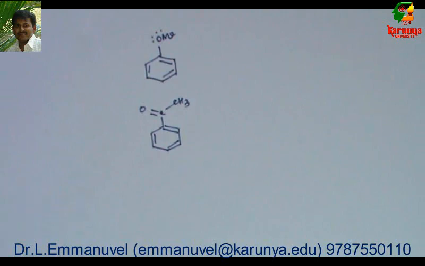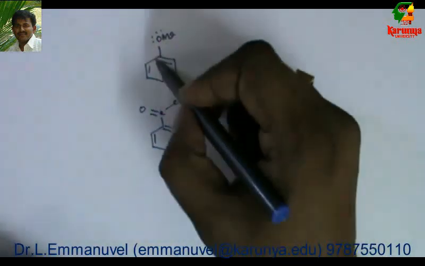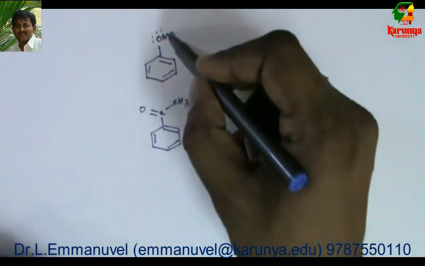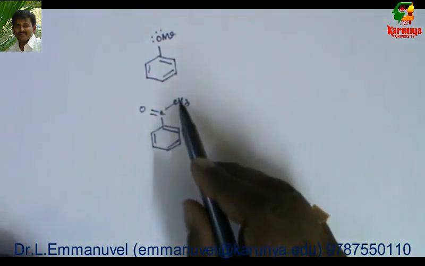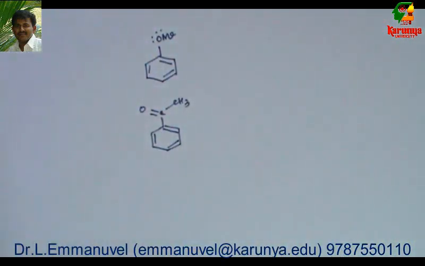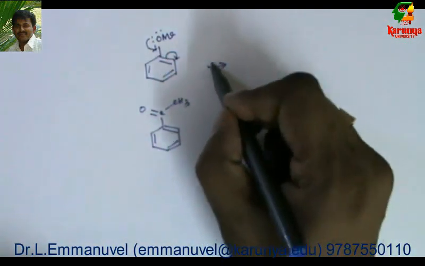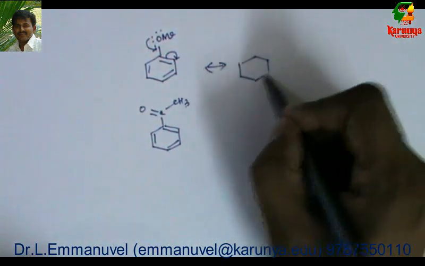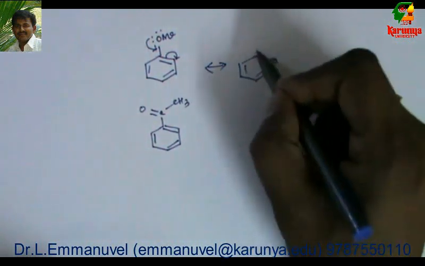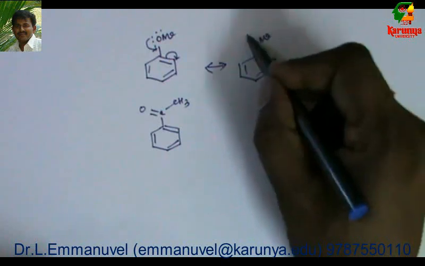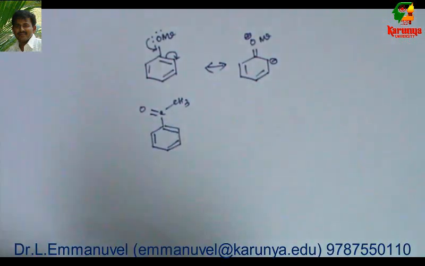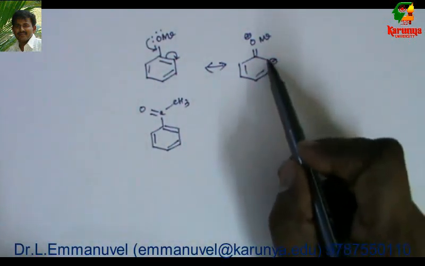Now this is an aromatic ring. So this particular portion is nothing but methyl vinyl ether, and this is methyl vinyl ketone, similar to what I have discussed. So because of the resonance, what I get is a positive charge. So it increases the electron density on this atom.